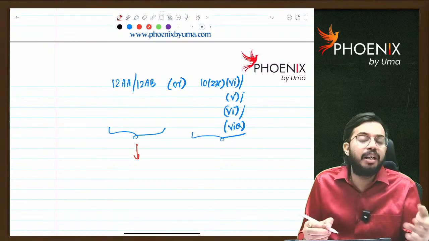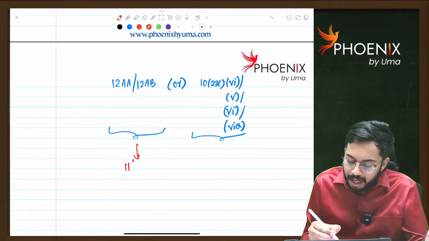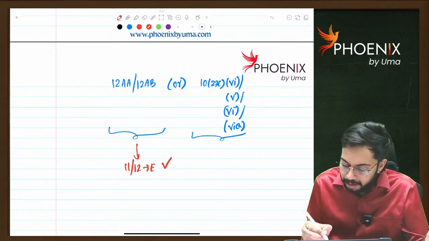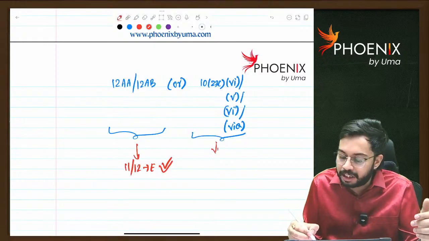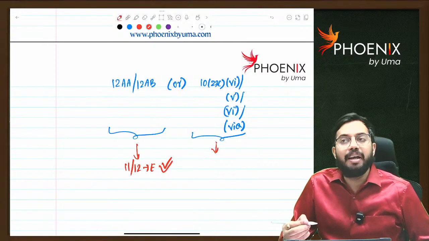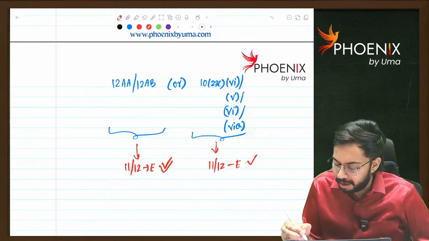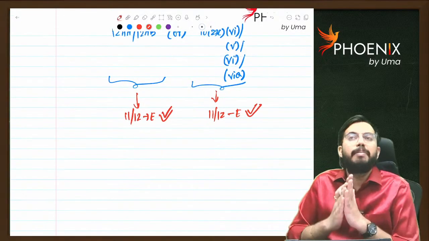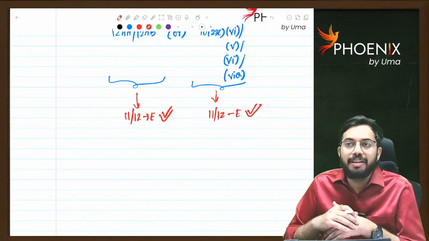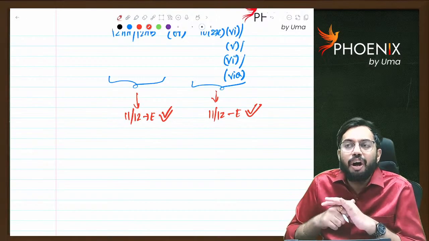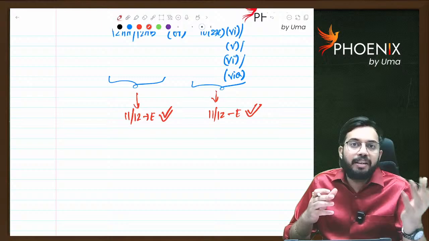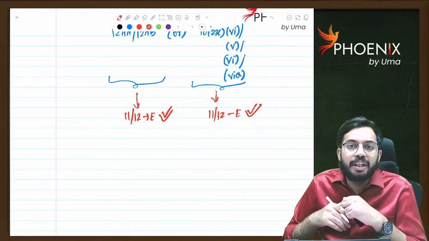If they get registered under 12A or 12AB, 11 and 12 exemption is available. Or if they get registered under section 10(23C)(4), (5), (6) or (6A), then also section 11 and 12 exemption is available. So Nirmalamma thought, our finance minister is Miss Nirmala Sitharaman, right? She thought, in either case, exemption is available under sections 11 and 12.